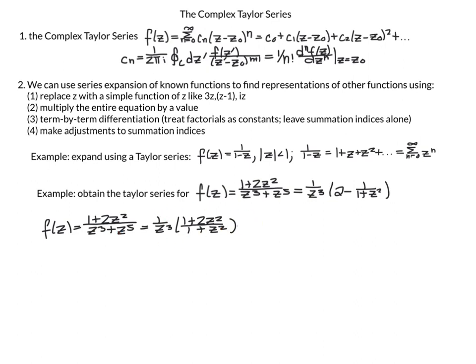Now looking at what I have, I'm going to multiply my final series by 1 over z cubed. And over here, I have what I want to eventually be in the form of 1 over 1 minus some small function of z. So the bottom's looking good. The denominator, 1 plus z squared, has my small function of z as negative z squared.